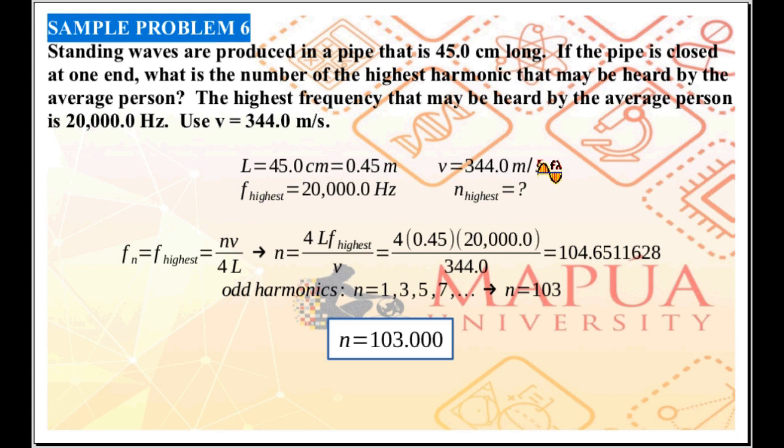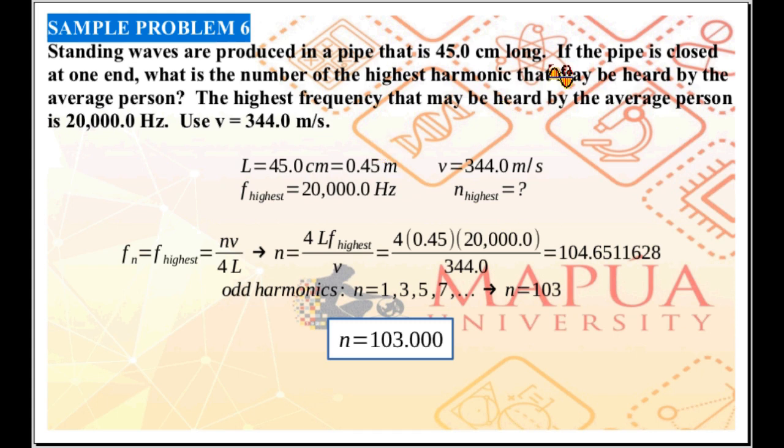We are looking for the number of the highest harmonic frequency. So that means we are looking for the highest harmonic number that will give us the highest frequency that may be heard by the average person. So we are looking for n highest.